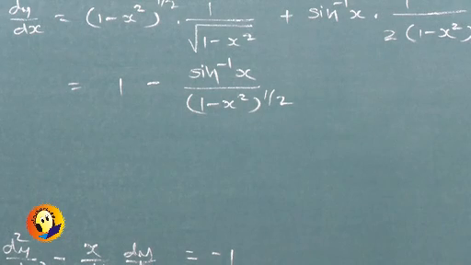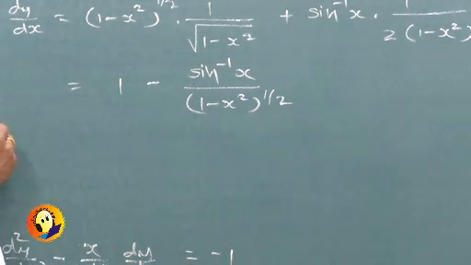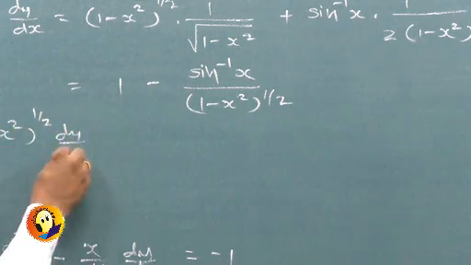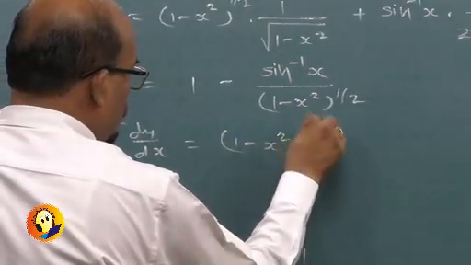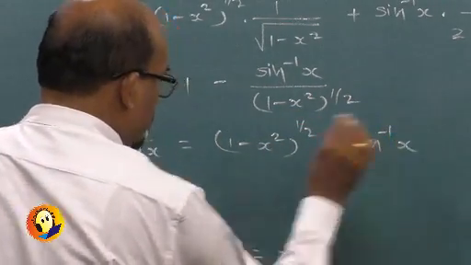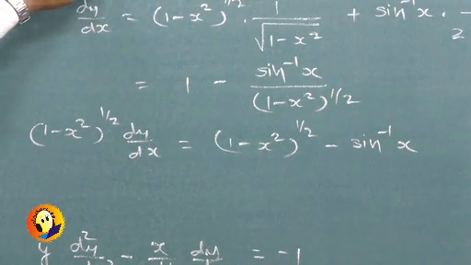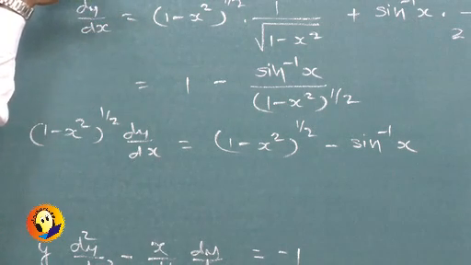Now what happens is I am unable to write dy by dx in terms of y. So first of all I will multiply by 1 minus x square raised to half: 1 minus x square raised to half dy by dx equal to 1 minus x square raised to half minus sin inverse x till here. And looking at the answer, let us multiply by it once again.